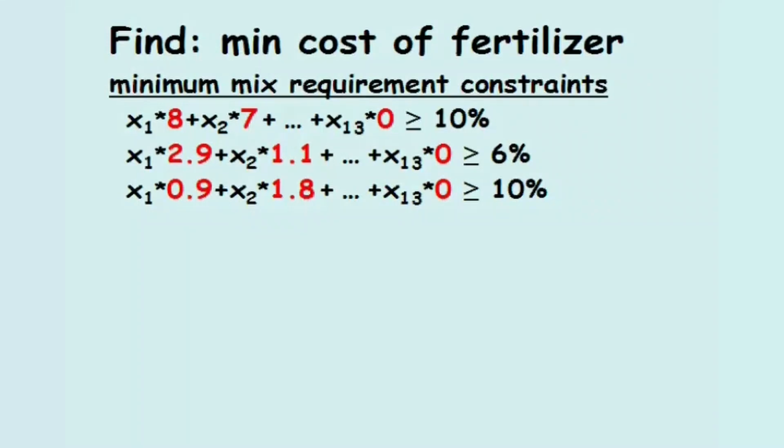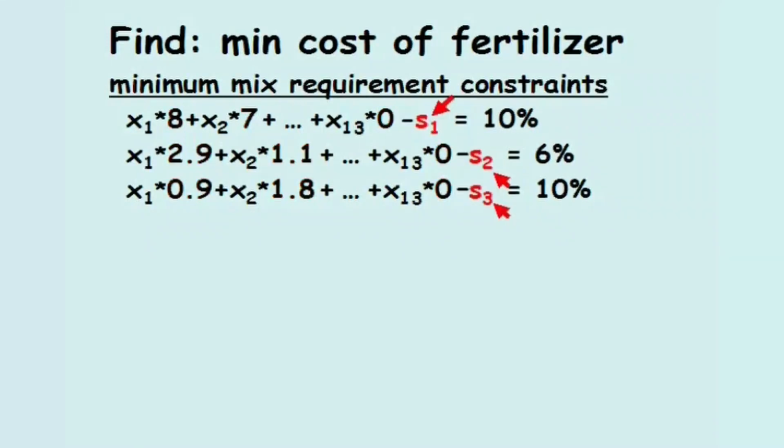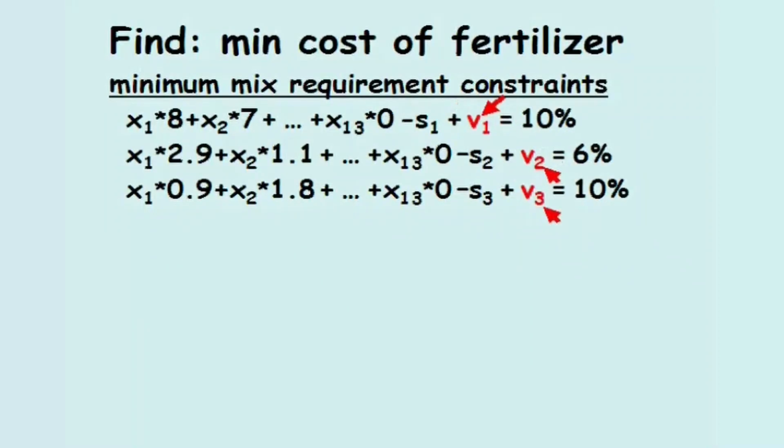To convert these constraints into standard form, surplus variables S1, S2, and S3 are subtracted from the left-hand side, and the inequality constraints become equality constraints. However, since an initial feasible solution is not trivial, we'll add artificial variables V1 through V3 to these 3 constraints.